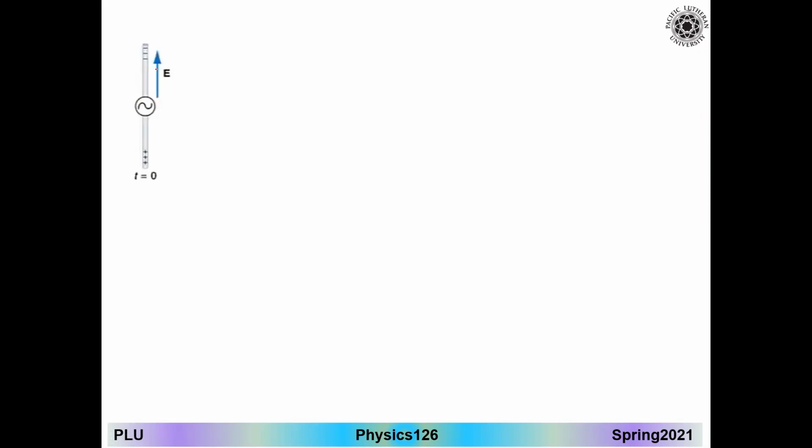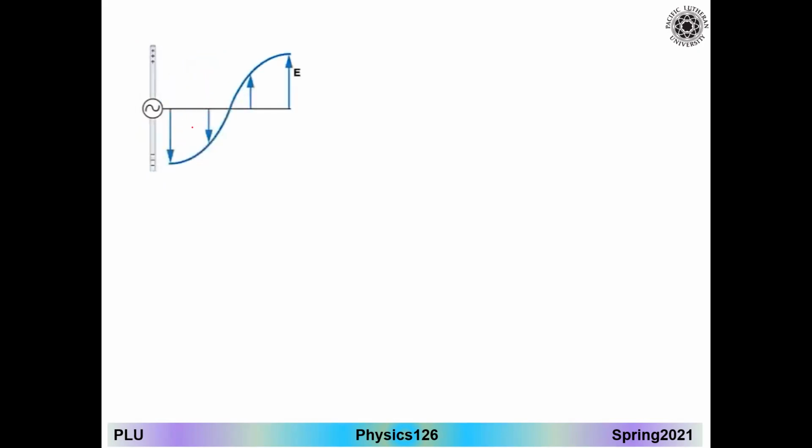Based on the positive and negative charge directions, it creates an electric field pointed up. And since the source oscillates, the electric field will oscillate too. It keeps oscillating and even changes polarity, from positive to negative in the other direction, meaning the direction of the electric field changes as well.